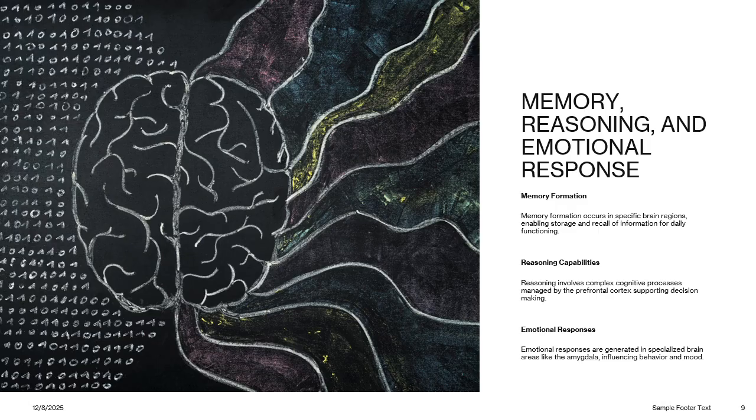Higher brain functions, such as memory formation, reasoning capabilities, and emotional responses, are governed by specialized brain areas, supporting complex human behaviors and cognition. And that's the big thing, is our brain is so detailed and so complex. That is what basically gives us the ability to behave, to function, to process, to be as we are as human beings.